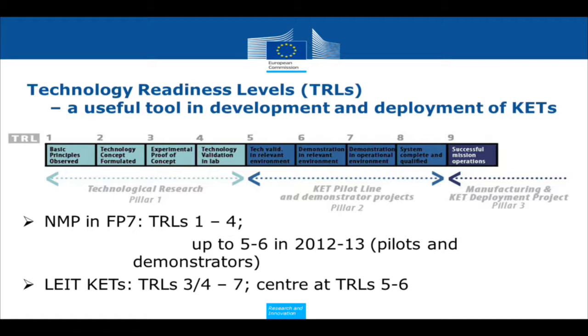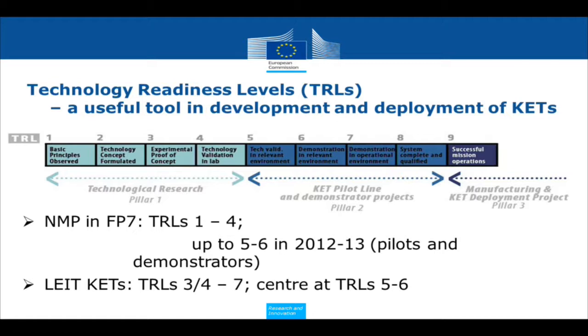So in 5 and 6, we are talking about developing the pilot line or the demonstrator in a way that can be used by industry, but it's not necessarily in the industrial environment. It is an industrially relevant environment, so it could of course be in a research center. While 7 is supposed to be the integration, or rather the implementation, in the operational environment. And in general, it is expected to be in industry.